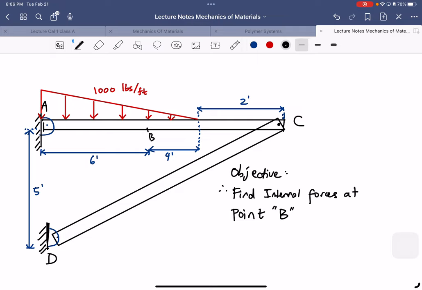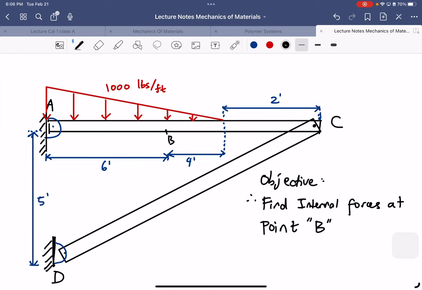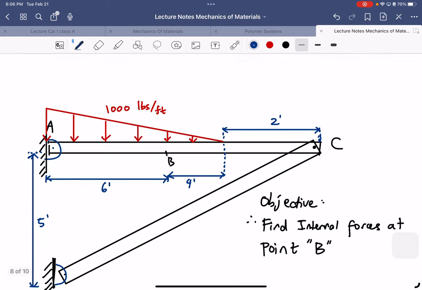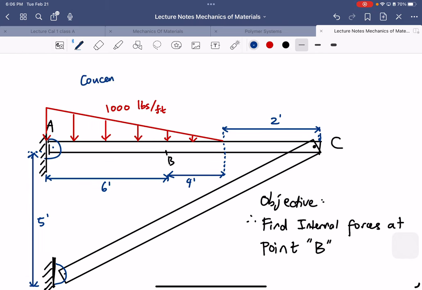Okay, first we need to look for the concentrated load. We know the distributed load is 1,000 pounds per foot for all this triangle-shaped area, right?